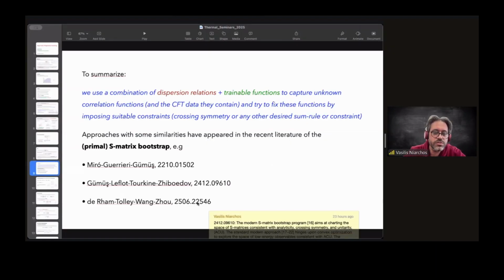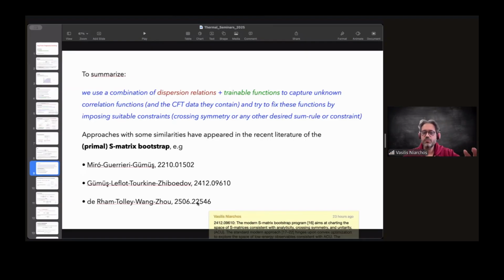Let me also say in passing that there have been several approaches to the primal bootstrap and the S-matrix bootstrap, and some of them use ideas that are very similar to this one.